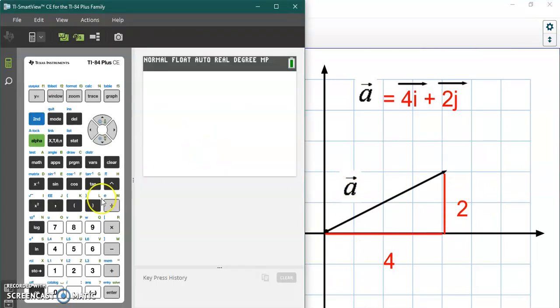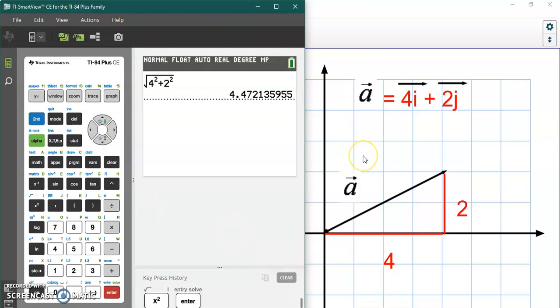So we're really just taking the square root of 4 squared plus 2 squared.